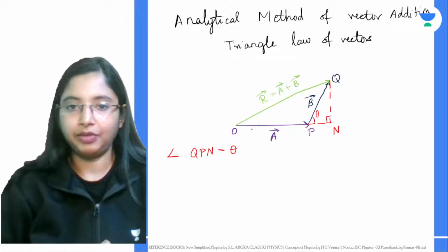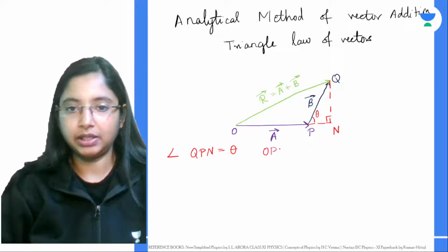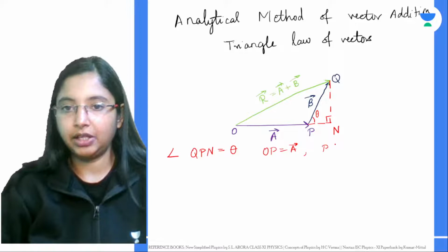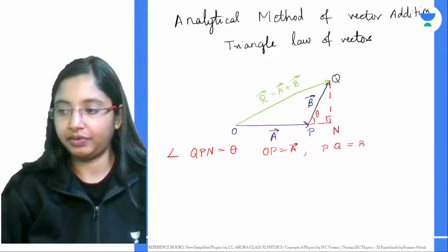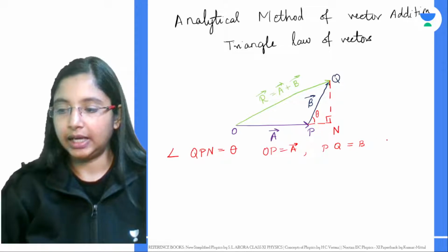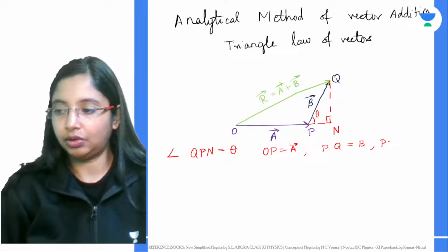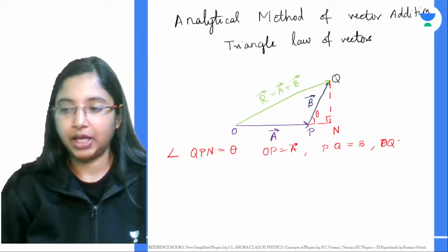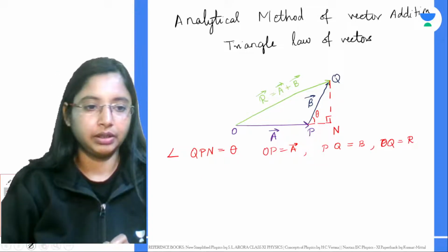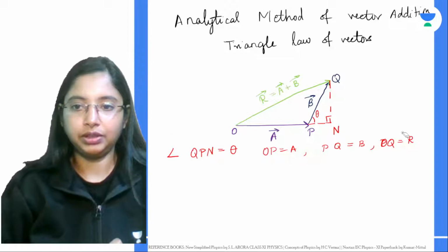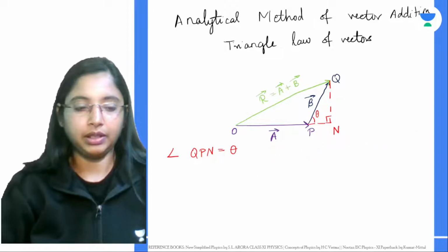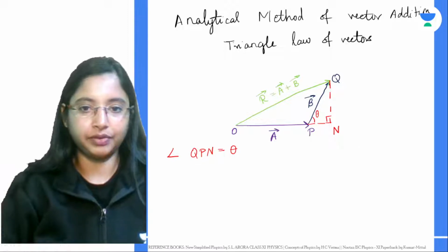We also know OP is equal to the A vector, we just saw that, right? And PQ is equal to the B vector, or the side B. And OQ gives you the resultant R. All of these values are known.